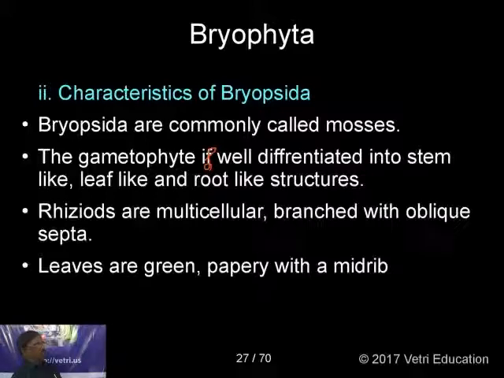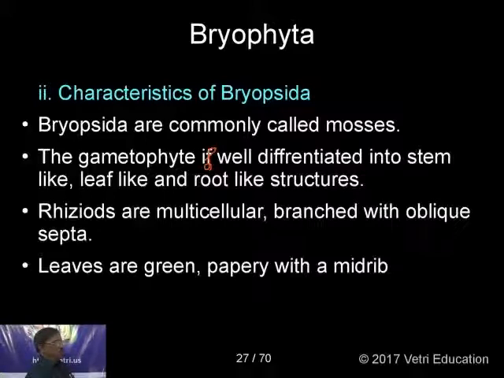So far in both Anthocerotopsida and Hepaticopsida, the thallus is a dorsiventrally flattened thallus. When coming to the Bryophyta, there is a little advancement where there is a stem, a leaf and a root, but not true roots or true stem. So these are called stem-like, leaf-like and root-like structures.